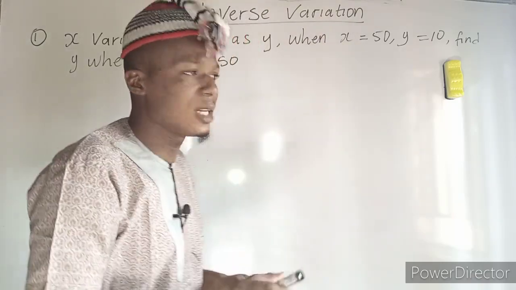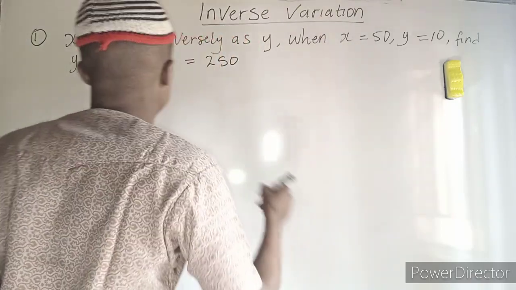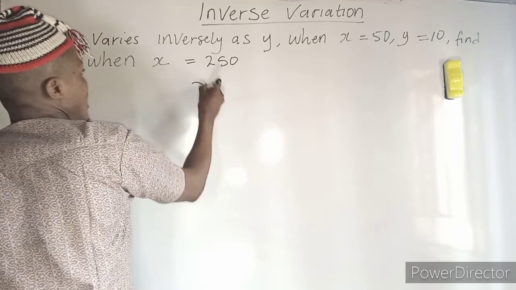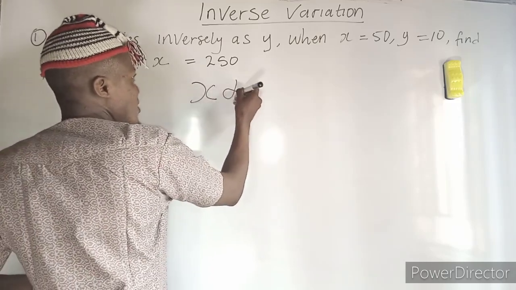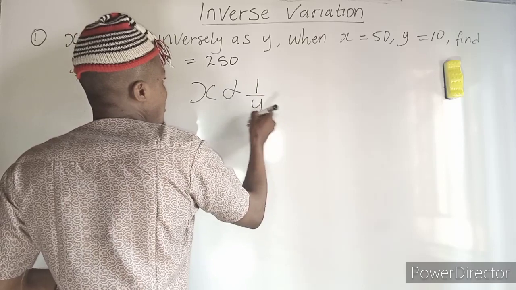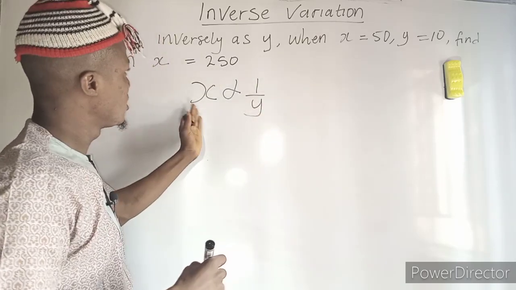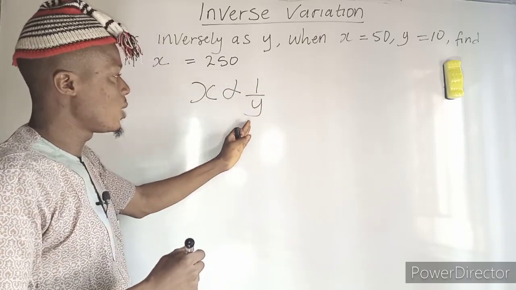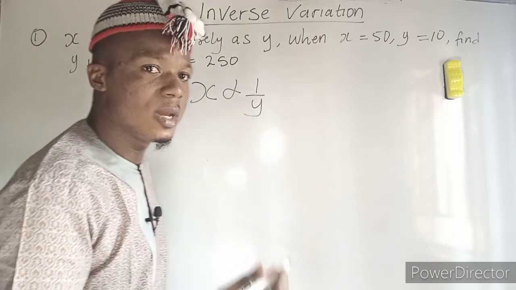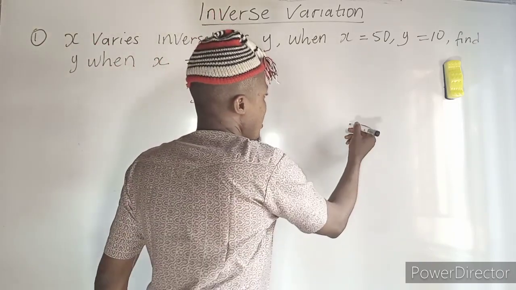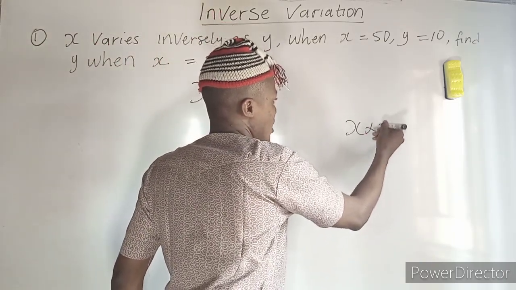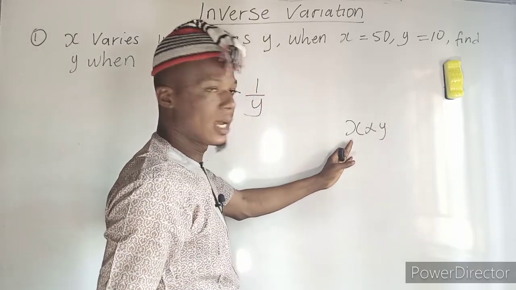Now look at how you represent two quantities that vary inversely. So we are told that x varies inversely as y. This is a representation of inverse variation. x varies inversely as y. You know, when we discuss direct variation, if x varies directly as y, we are going to write it like this: x varies directly as y.